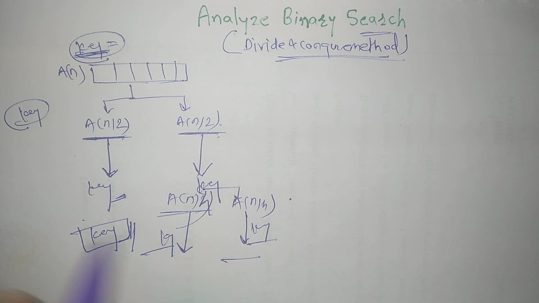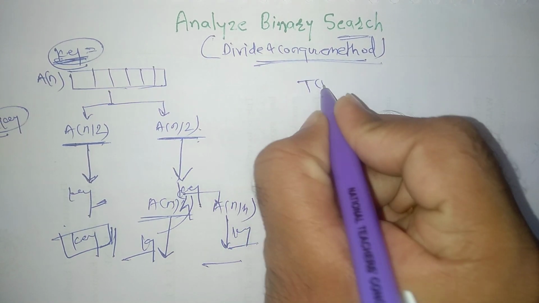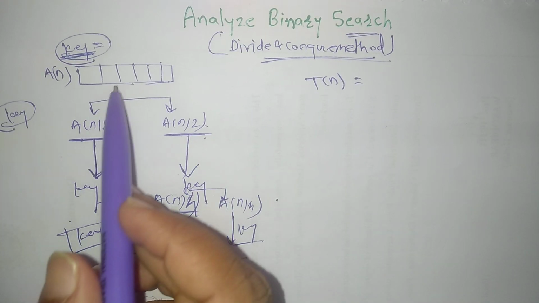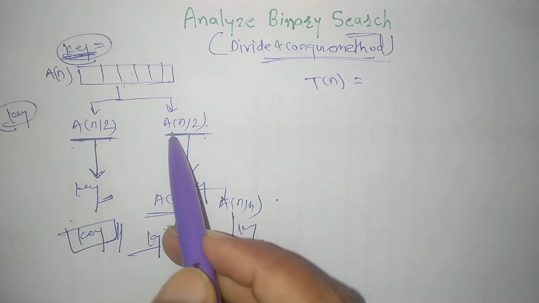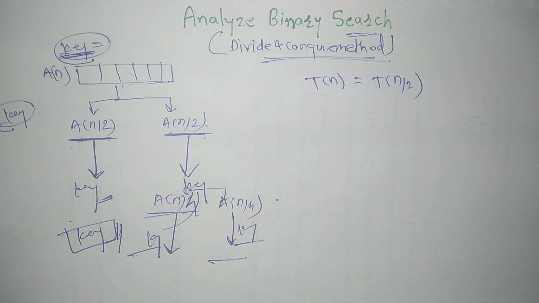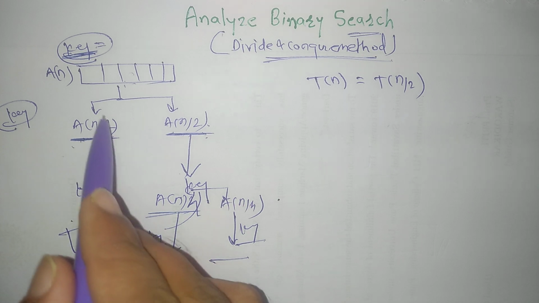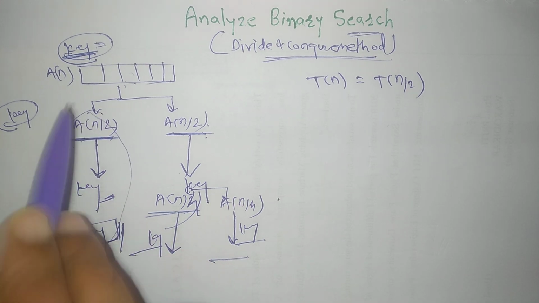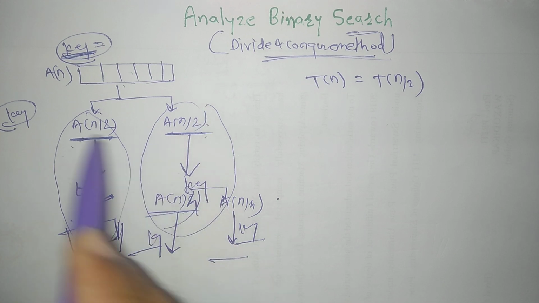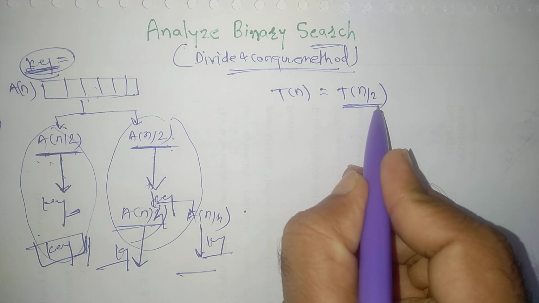So by this logic, I will calculate T of n equal to the first part, where I divide into 2 parts, so that is T of n by 2. After that, my condition is that the key value will be in the left part or in the right part. So it is not in both parts. So there is only one T of n by 2.